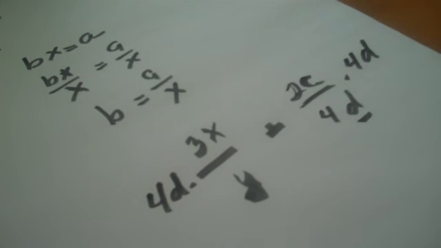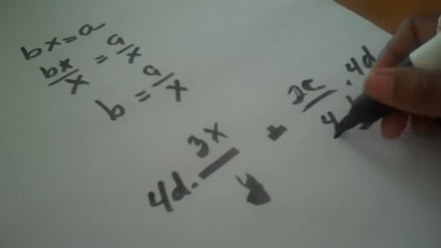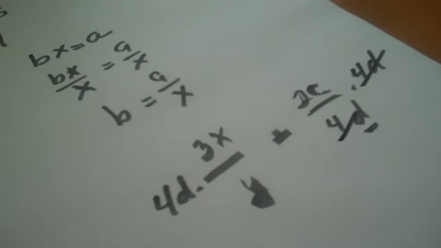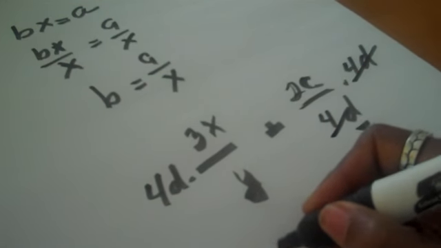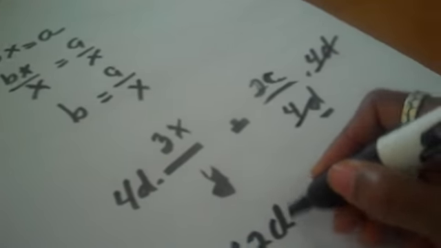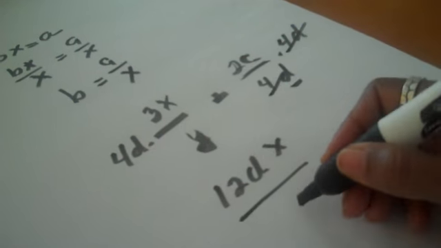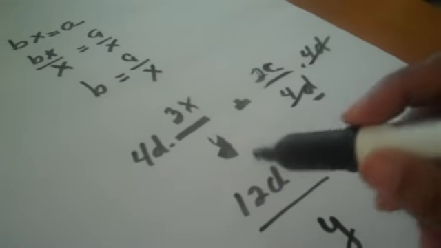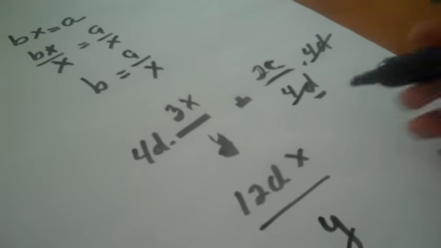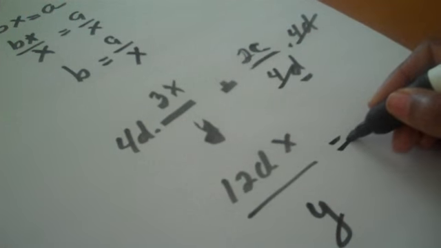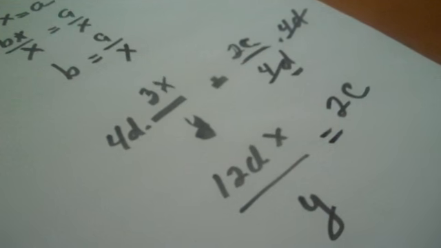The reason we're doing this is because we want the d term in the numerator. And this is the easiest way to get it there. So then it divides out on the right side. And on the left side, we're multiplying, so we've got 12dx over y, because you have to multiply 4 times 3, and we're left with 2c on the right side.